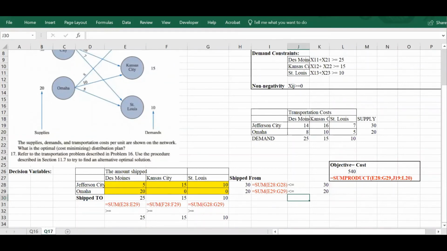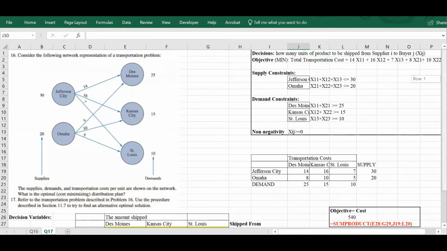So on question 17, let's go back and make the necessary changes to our formulation and our spreadsheet model. This is an alternative search type of model that we are generating.